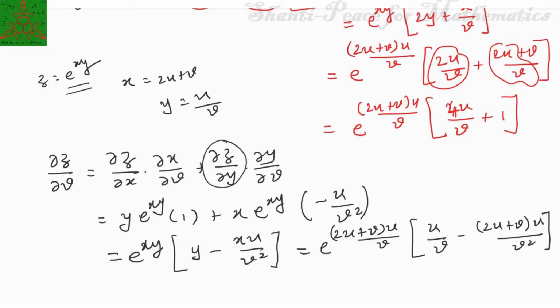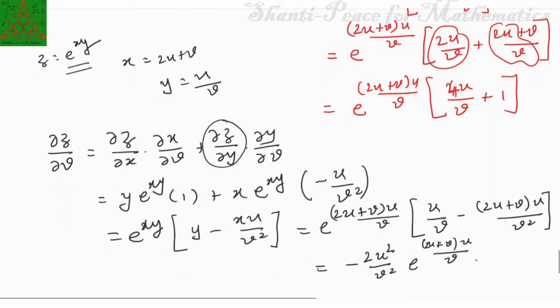If you simplify this, the u upon v will get cancelled, and finally you will have minus 2u square upon v square into e power 2u plus v into u upon v. That is the final answer for del z upon del v.